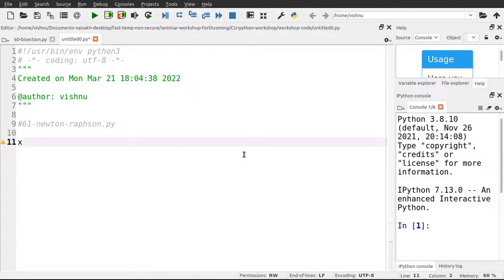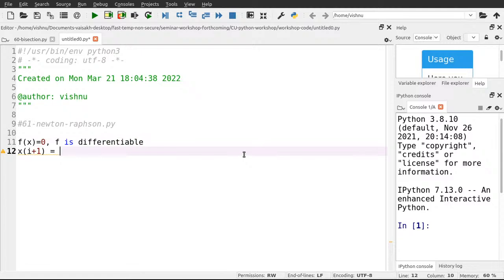Suppose the initial approximation is xi. Now, how do we choose xi plus 1? Provided xi is known to us, the equation we have to solve is f of x equal to 0, where f is differentiable.